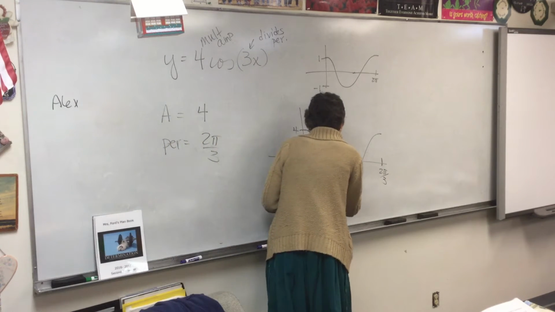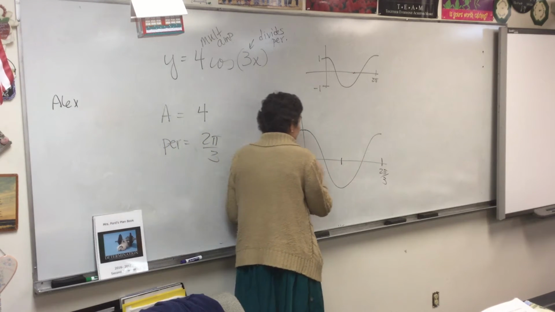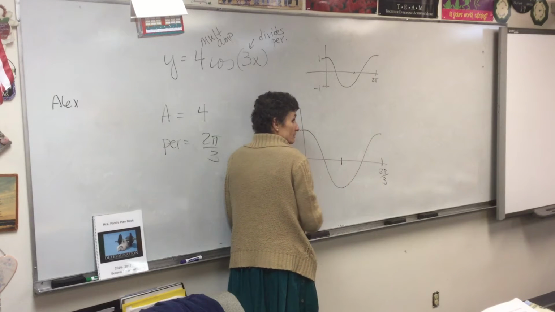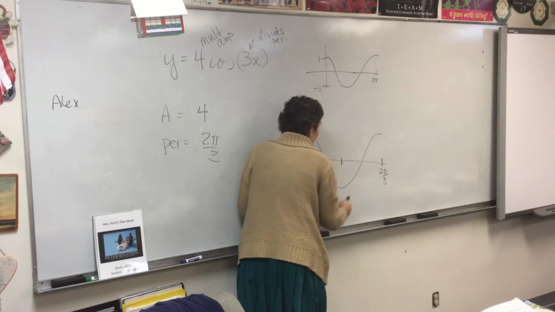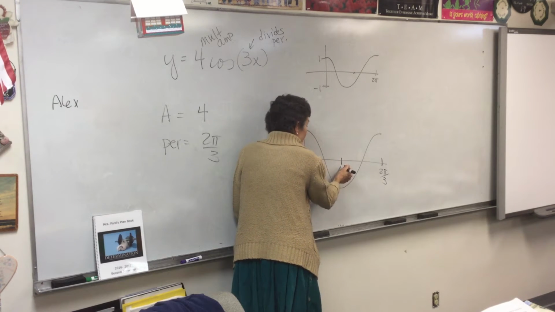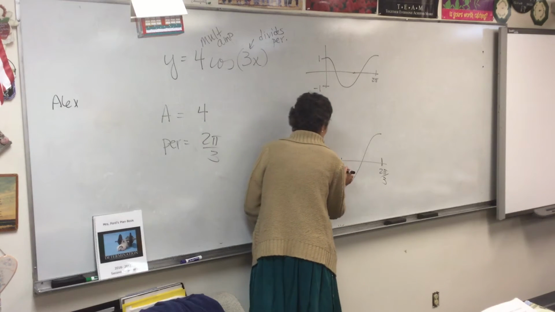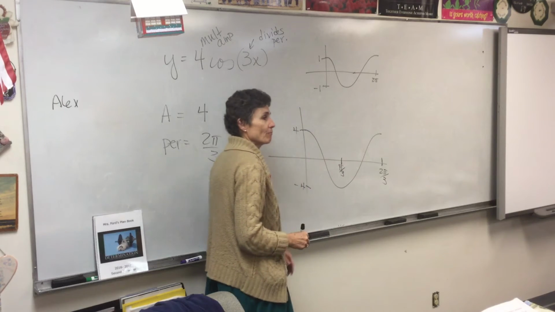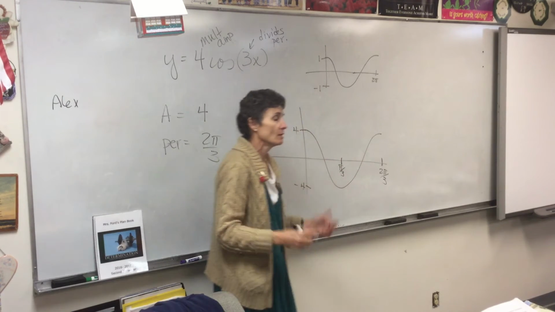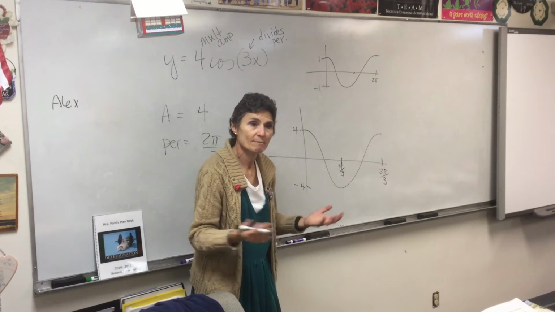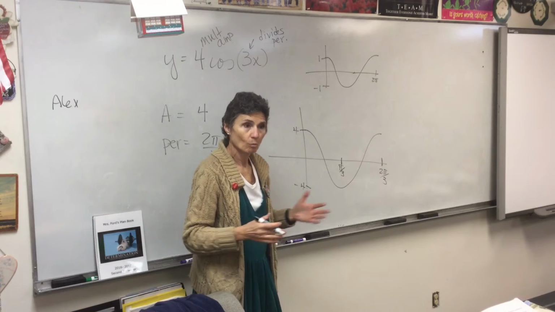Now, the bottom of the valley is right in the middle of the 2 hills. If that's 2 pi over 3, what's this going to be? 1 pi over 3. Forget the pi's and think of fractions. If that's 2/3, what's half of 2/3? What's right in the middle of 0 and 2/3? 1/3, right?